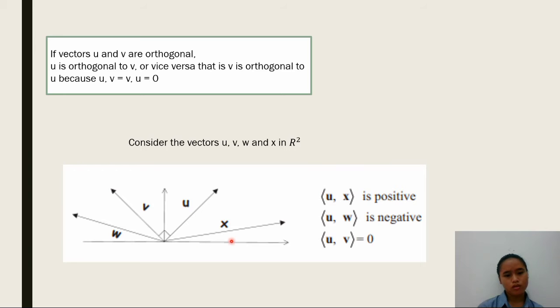This is an application in coordinates, right? So U and W is negative, and U and X is positive. So U and V is 0.